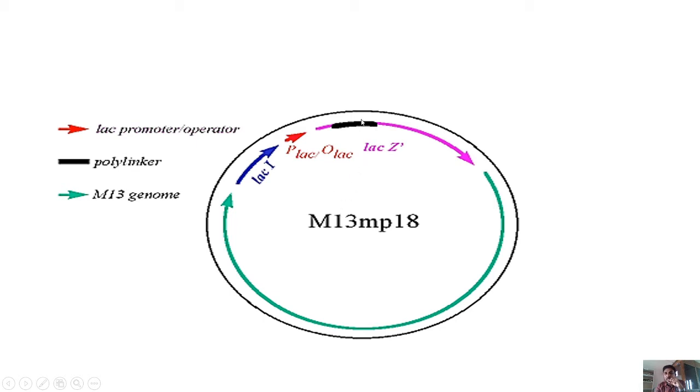For introducing this multiple cloning site over here, you need to cut open the lacZ region of the DNA with the restriction enzymes. Once it is opened, then you have to introduce this multiple cloning site into that open region.